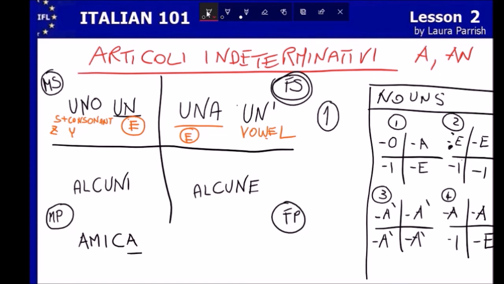Is amica starting with a vowel? Yes, so this is the right one. Un apostrophe amica. Notice that the apostrophe is only in front of a feminine word. Is only here the apostrophe. This one doesn't have the apostrophe. It's a very silly rule, but in Italian, with the indeterminative articles, you get the apostrophe only when it's feminine, never when it's masculine.